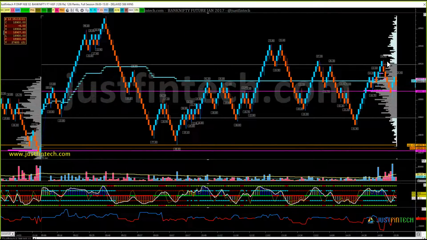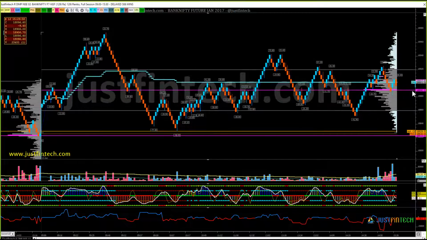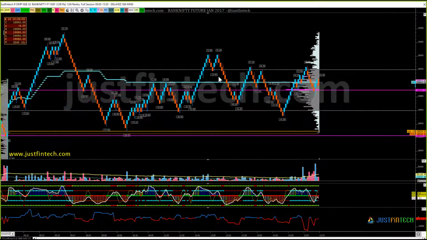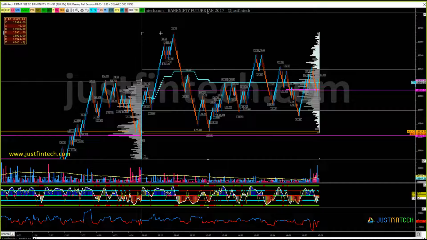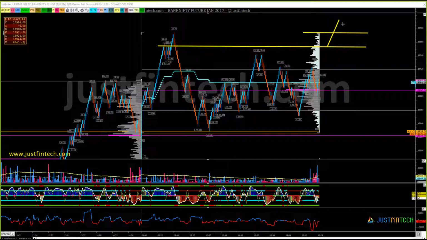So let's now see what can be the likely scenario for today. So if we open above this range, push back up, so either a gap up or even in this range.